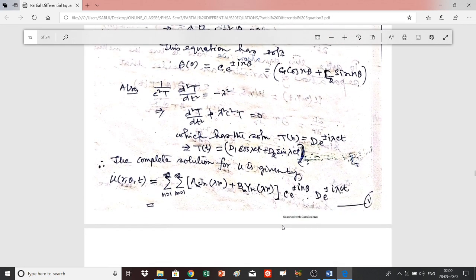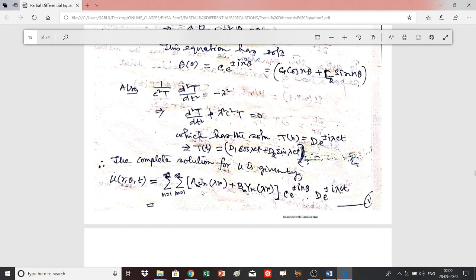So now taking all solutions for this T, and this R and Theta, you have obtained u of R Theta T is equal to a sum, taking all values, n is equal to 1 to infinity, of A n Jn lambda r plus B n Yn lambda r.